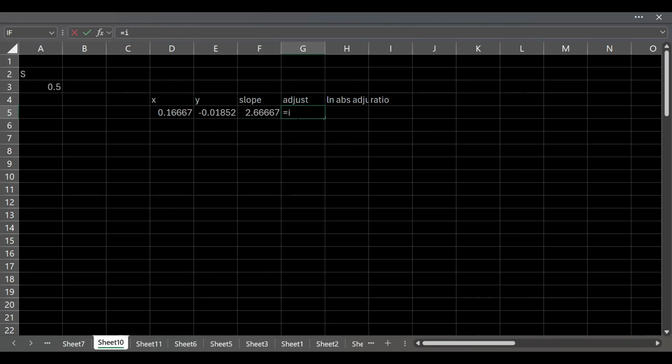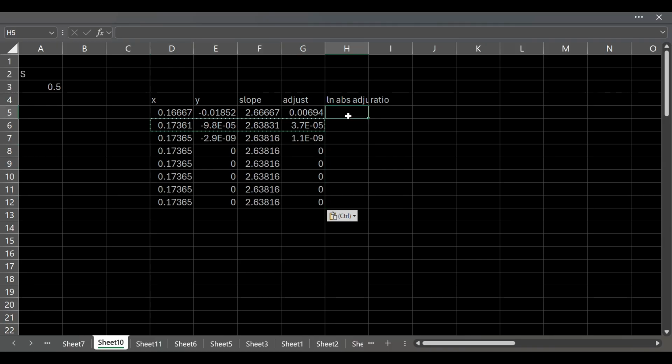The adjustment is minus y over the slope. And then we update x by adding the adjustment. We bring these calculations down, it should converge very quickly.